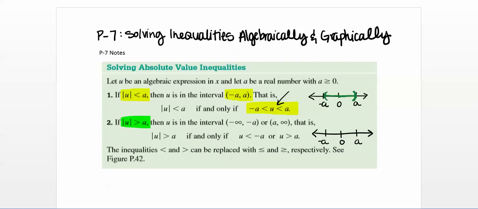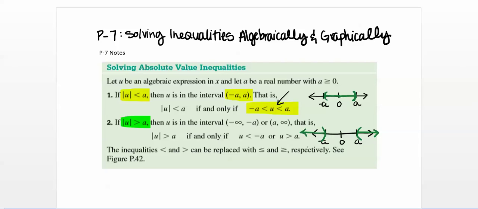So in that case, it needs to be far away from 0. It can't be close to 0, and by close we mean have a distance of a, or less than, from 0 to a is pretty much not allowed. And again, a is not being included here, so we're going to put parentheses. But then we can also go on to the negative side and do the same thing.